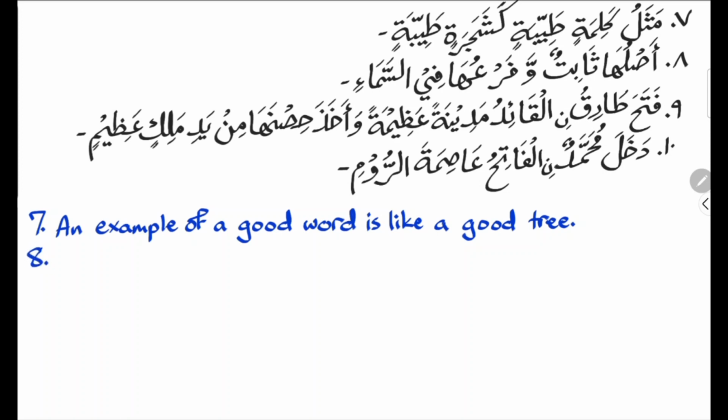Number 8. أصلها ثابت وفرعها في السماء. Now this has nothing to do with موصوف صفة, but it's just there as reinforcement for other lessons. أصلها is مضاف مضاف إليه. Its root or roots is firm. ثابت means firm.